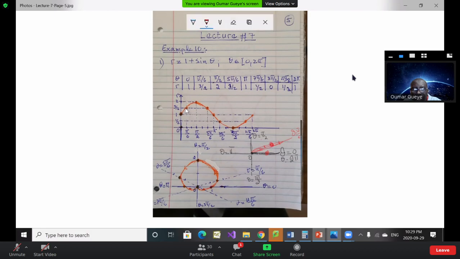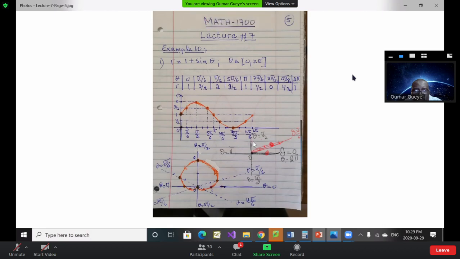For the third point, when theta equals pi over 2, as I told you, this angle is equal to pi over 2. Now, if theta equals pi over 2, the maximum value of r is attained, equal to 2. So I have to take 2 units from 0.